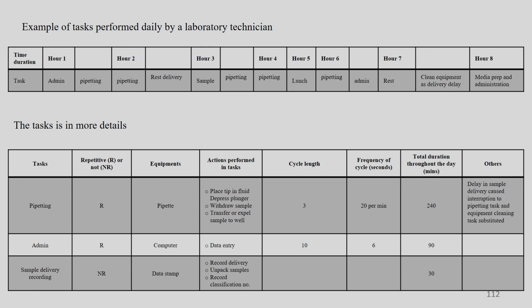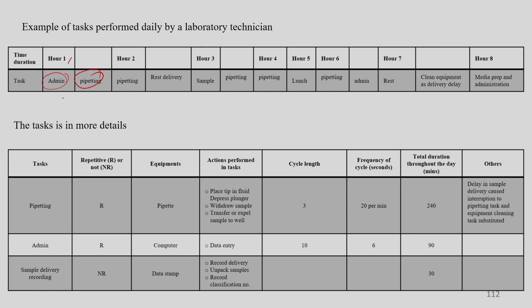Now let us take an example. Here you can see a laboratory technician, suppose it's a particular job. In the first hour the person is doing some administrative job, then pipetting.